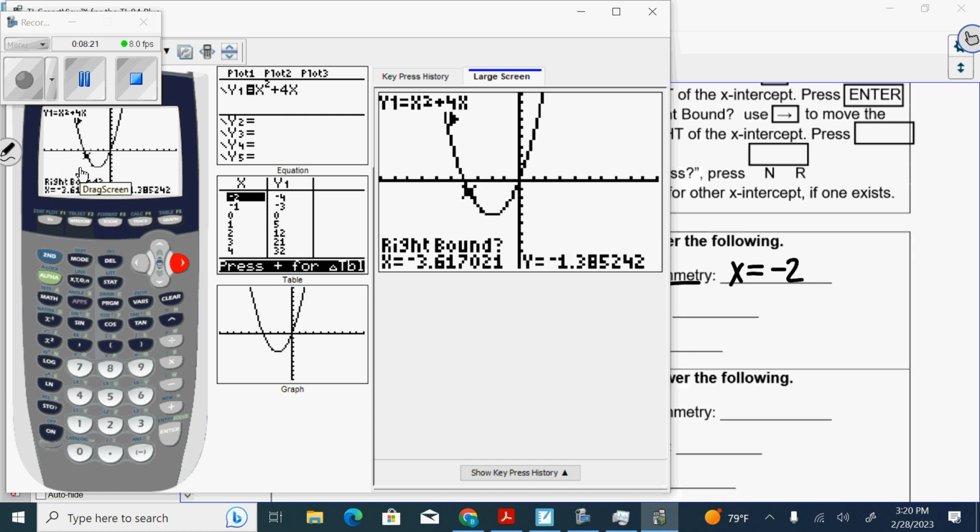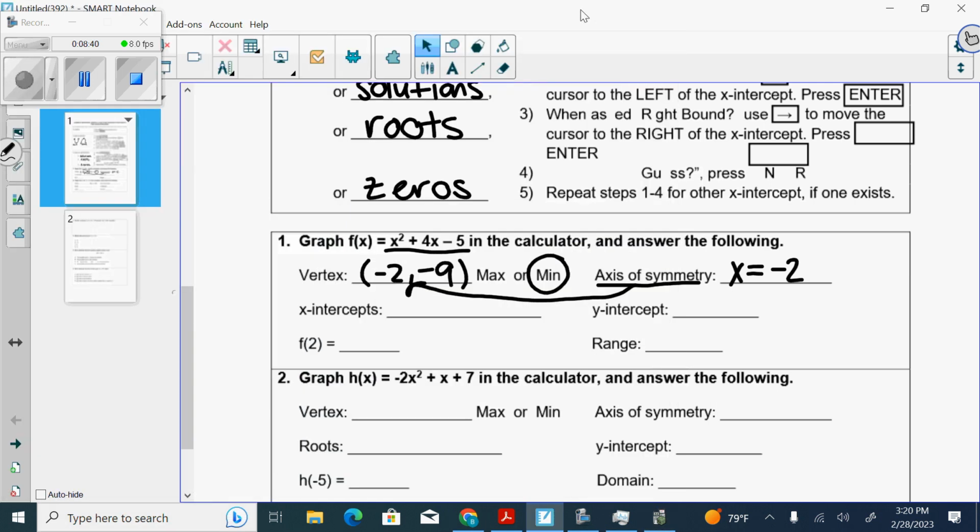Okay? And then I press what again? Enter. And now it says guess. What do I press again? Enter. All right, and where does it say that coordinate point is? Okay, so we've got our solution here for the first one at -5, 0. Okay, but like you guys said, there's 2 of them, right?